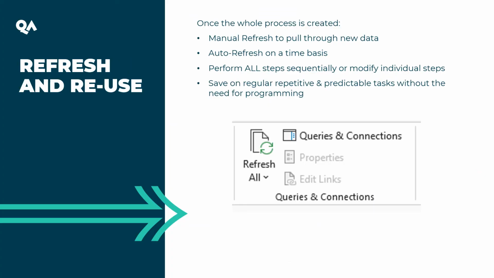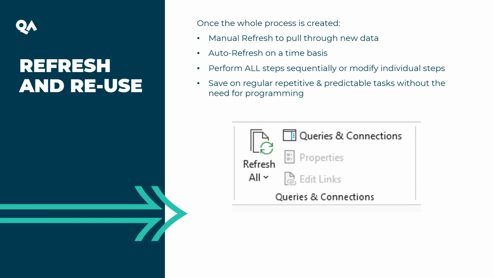And now, just to really put the cherry on top of the cake, so to speak, once that whole process is created, we'll show in the next video how we refresh it to pull through new data, how we can auto refresh it on a time basis, brilliant for websites that are constantly being changed or updated, or live data, and perform all the steps sequentially, potentially modify any individual steps when required.